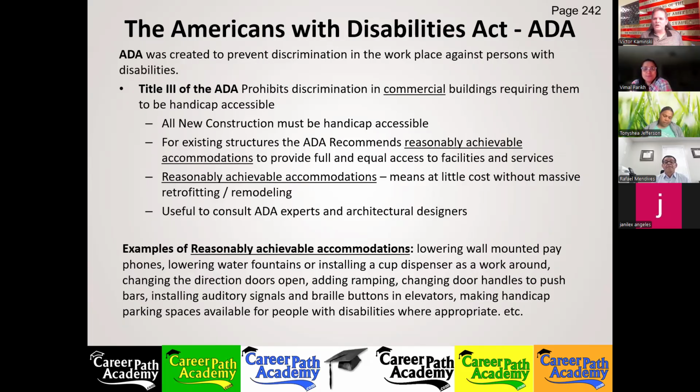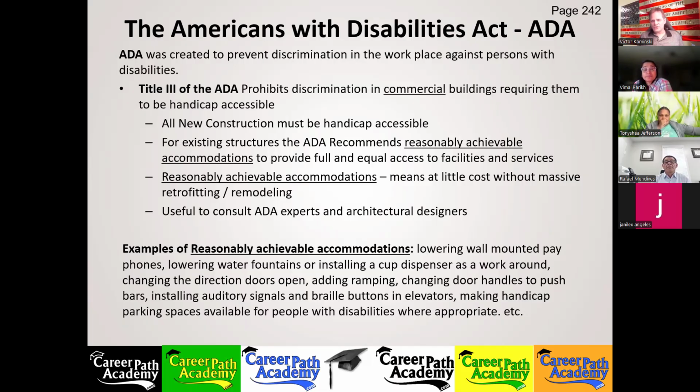Well, the ADA also has a section for disabled consumers that come to commercial buildings and stores, that they need to be handicap accessible. So Title 3 of the ADA prohibits discrimination in what kind of buildings? Commercial buildings, requiring them to be handicap accessible.